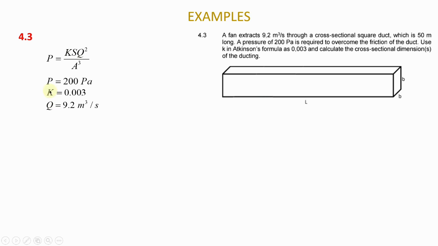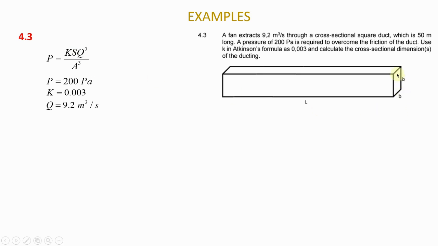Given to us, P is already given, it's 200 pascals, K is 0.003, and Q is also given as 9.2 cubic meters per second. Now we need to find A and we need to find S. Remember what I just explained. A is the cross section and S is the wetted area or the rubbing surface.